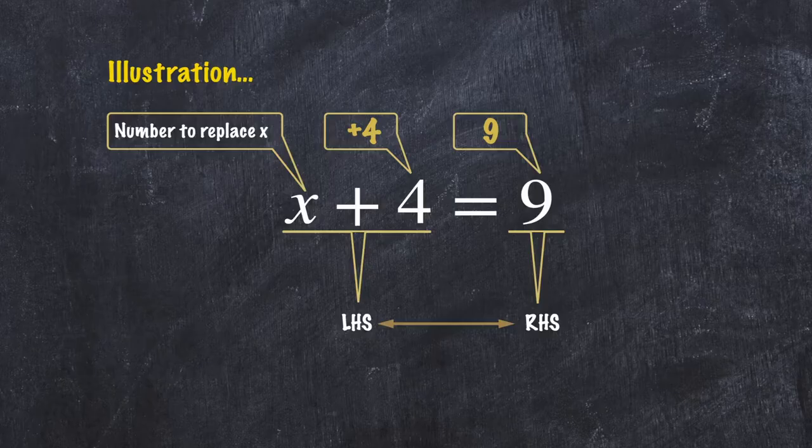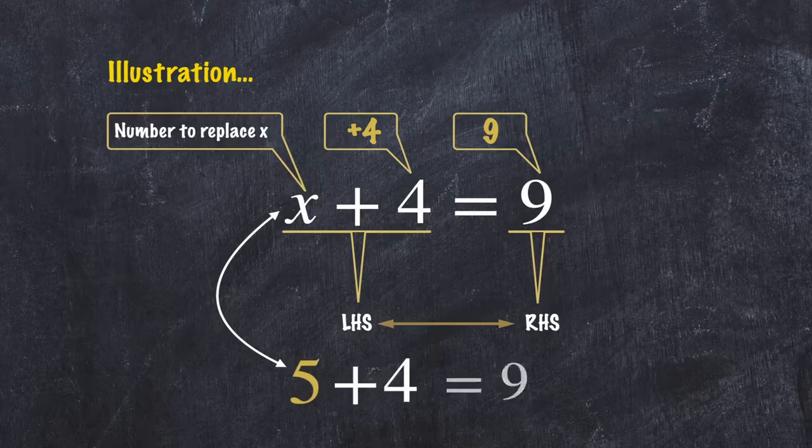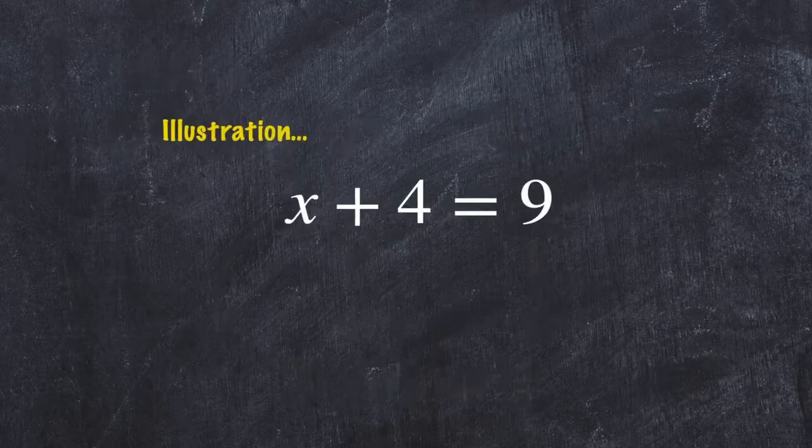By just thinking through, if I replace x by 5, then 5 plus 4 is going to give me 9. And that means that x plus 4 is equal to 9 gives the value of x being equal to 5. And that solves it.